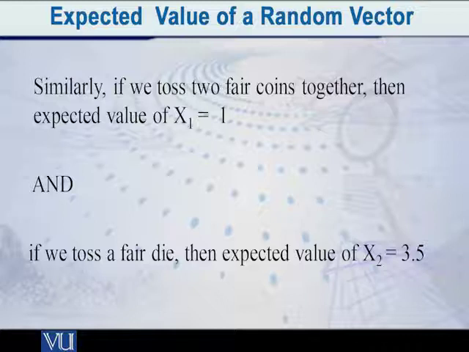Why? See, you have tossed two fair coins together. I did this with my right hand. I can have head head, head tail, tail head and tail tail. If it is head head, then x1 is equal to 2, because x1 is the number of heads. And if it is head tail or tail head, then x1 is equal to 1, because there is one head in each. And if you have tail tail, then x1 is equal to 0.